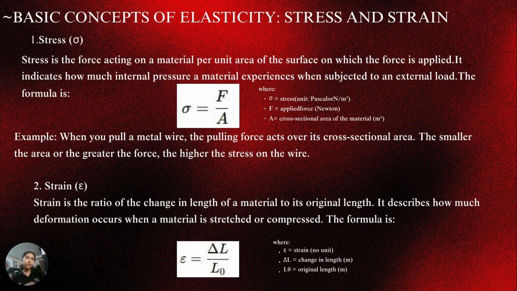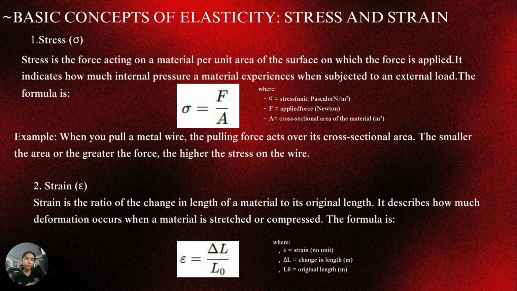Okay, the basic concepts of elasticity: stress and strain. Stress is the force acting on a material per unit area of the surface on which the force is applied. It indicates how much internal pressure a material experiences when subject to an external load.